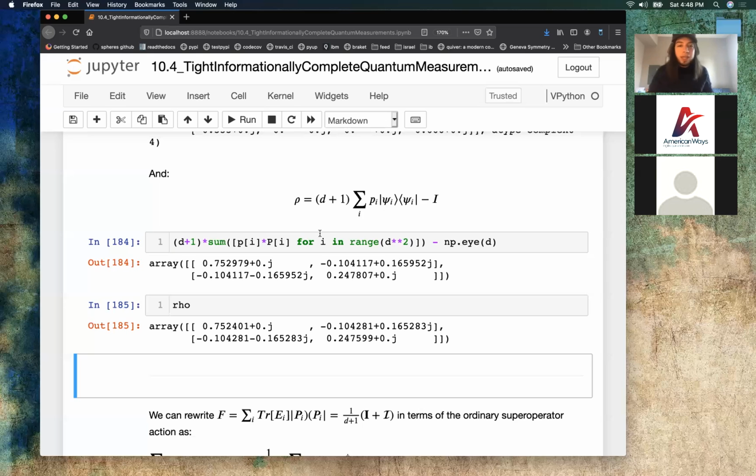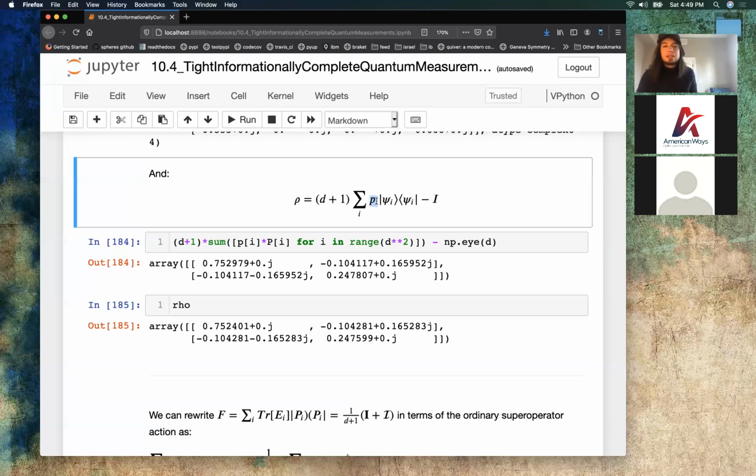In other words, we can get our probabilities, which are inner products with the POVM elements. Normally, we would have to find the dual elements, and then those would weight those. But we can actually write this much simpler formula. If we have our probabilities on the elements, we just use them to weight the projector of the element. No dual in sight, but we have to multiply by d+1 over here, and subtract off the identity.